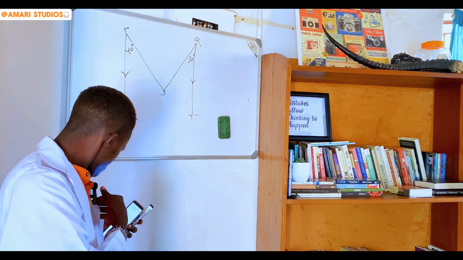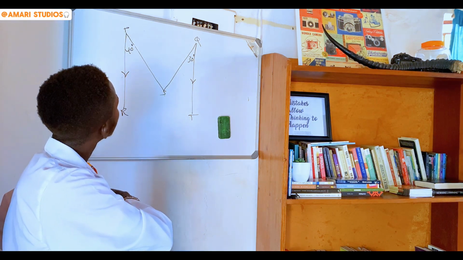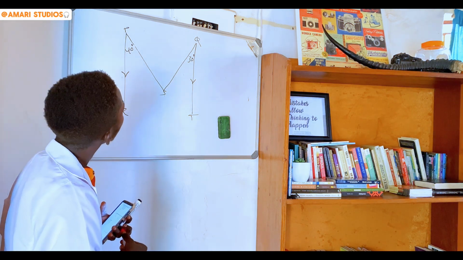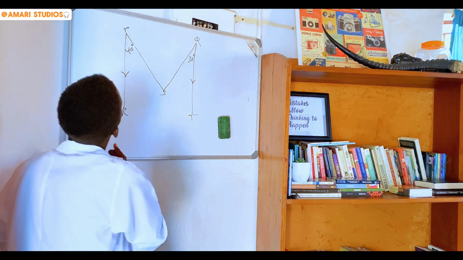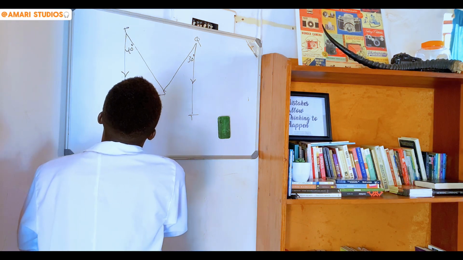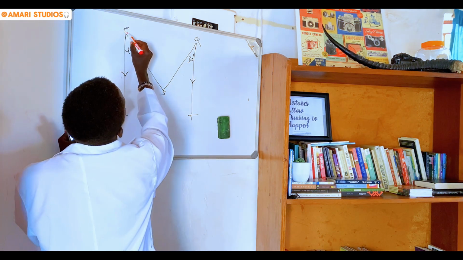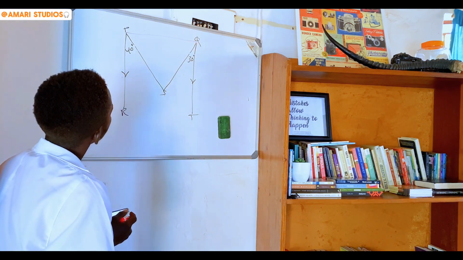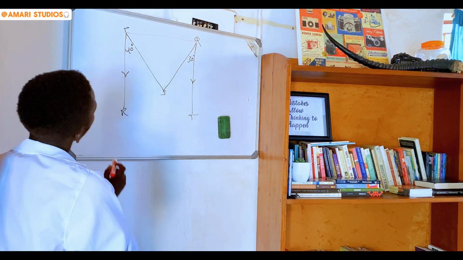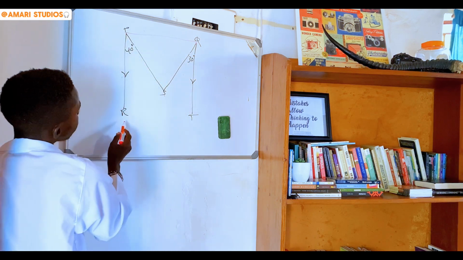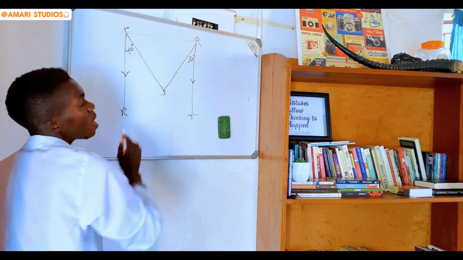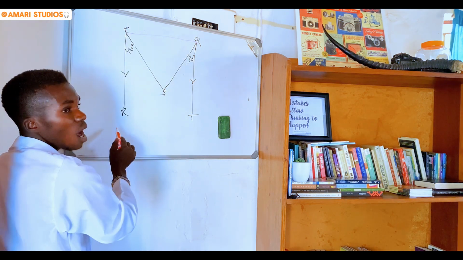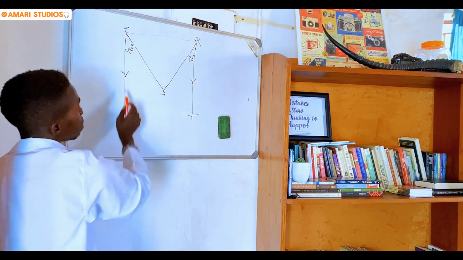The first thing that I'm going to do is draw a straight line connecting P and Q. I'll use my red marker here so that you clearly see it. As you can see, this is a straight line. So if this is a straight line, it means that RPQ is 90 degrees because PQ is perpendicular to PR.